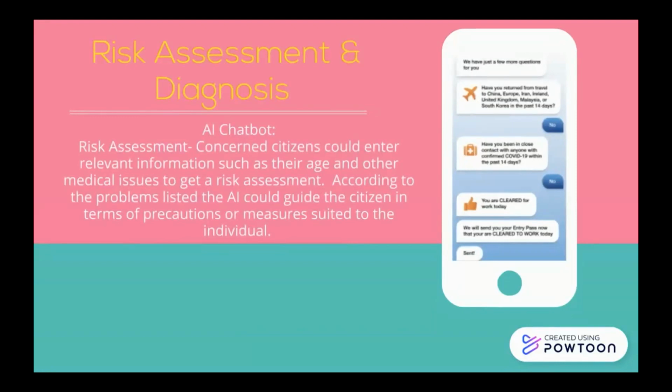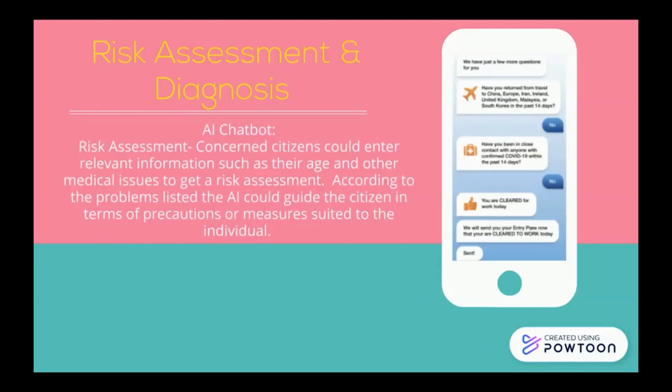Based on this, the AI software would also give particular precautions or cautionary measures for each person to take. So it's pretty personalized, with an individualized approach for each and every person using the app.